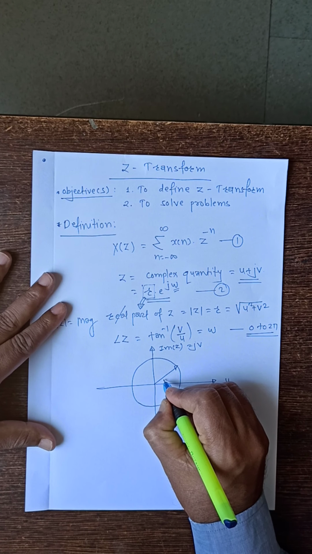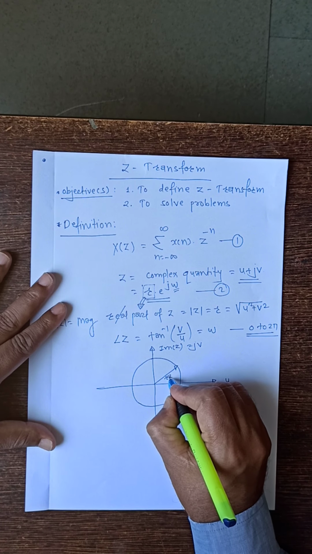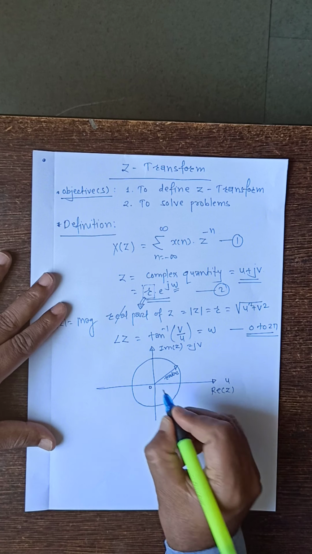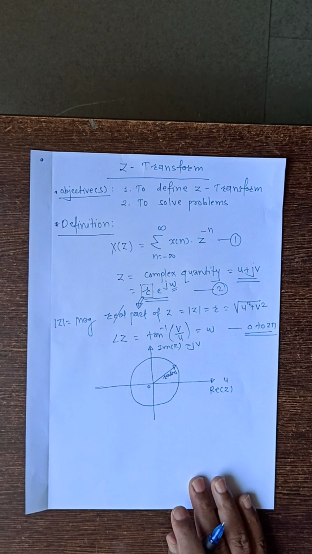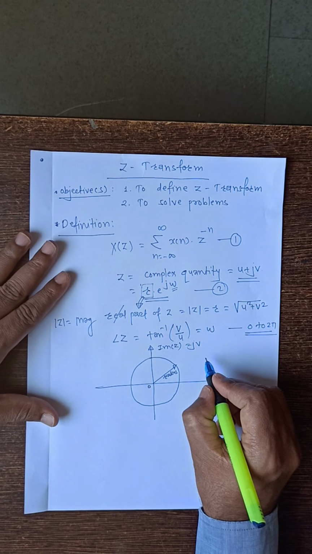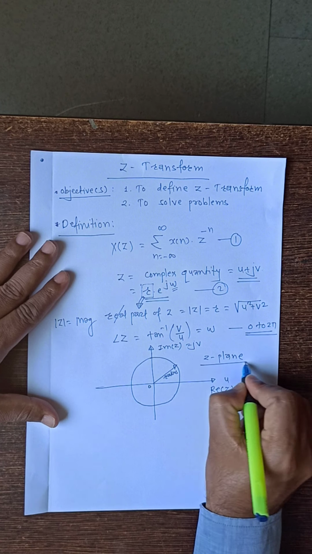This is 0, and the angle goes from 0 to 2 pi. So that is actually the z plane, and you can call it the z plane.